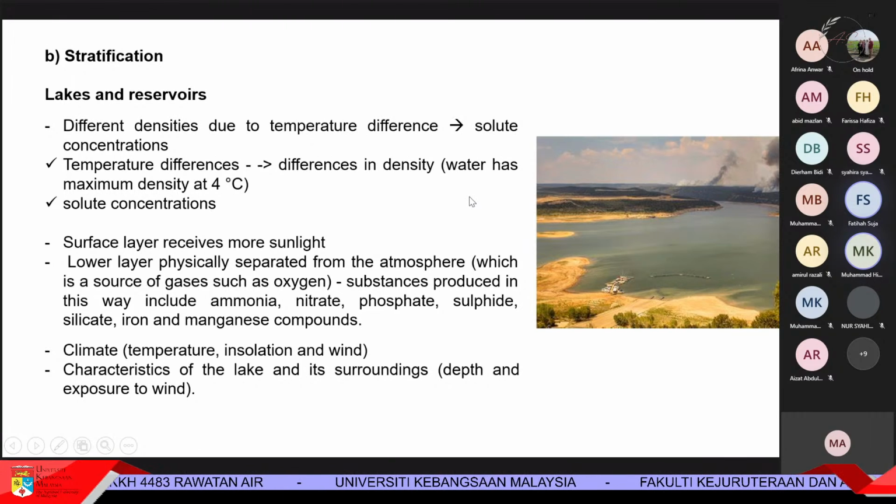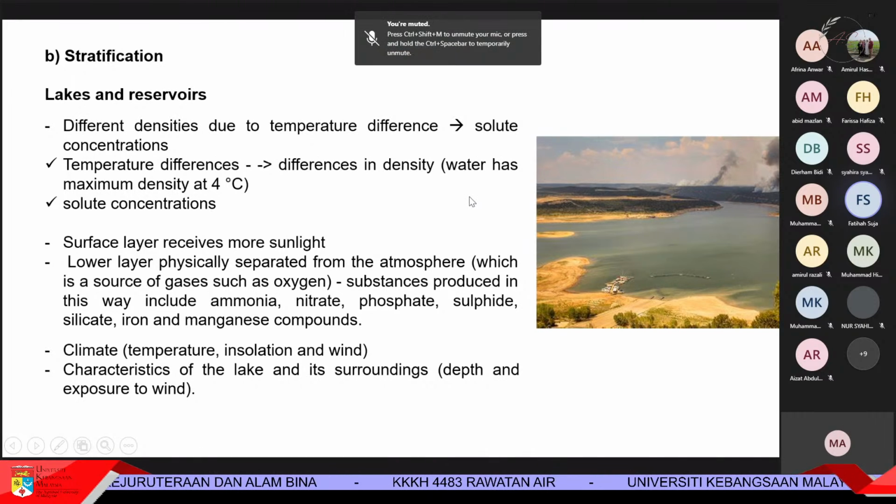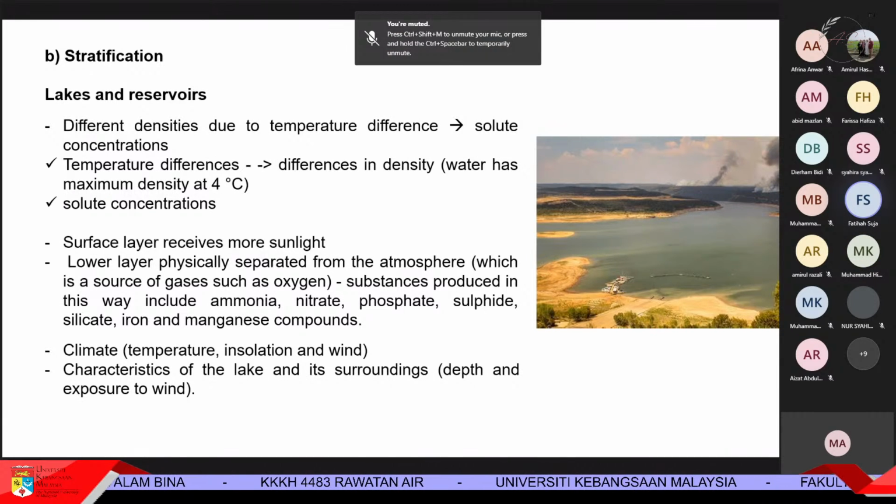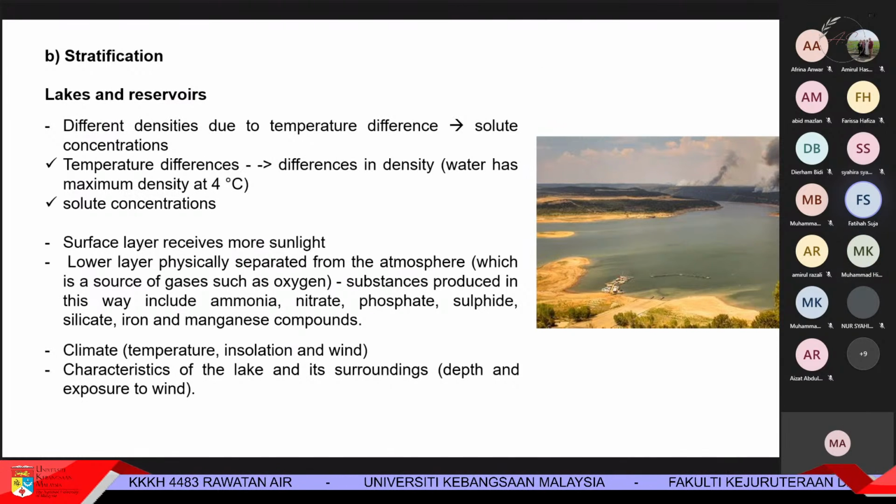So this is where usually the lower layer, this is the source of gases such as oxygen that may be in contact with decomposing sediments, and they exert oxygen demand because at the lower layer they have these anoxic conditions occurring in bottom sediments, so they take up the dissolved oxygen in the water, so they decrease oxygen concentration compared with the upper layer.